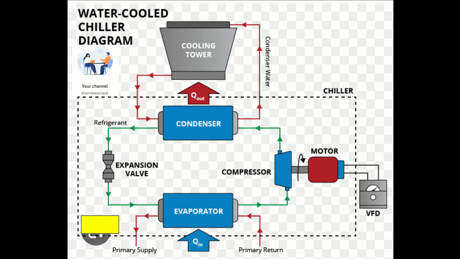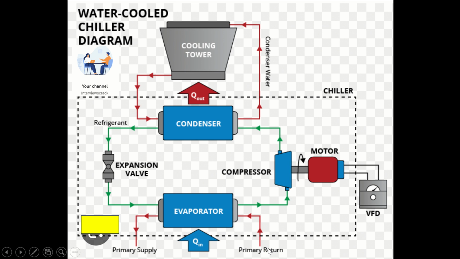This is a typical diagram of a chilled water system, how it works and what the basic components present in the system are. We can see there are condenser, compressor, motor, VFD, evaporator, expansion valve, refrigerant and cooling tower, and primary supply and primary return.